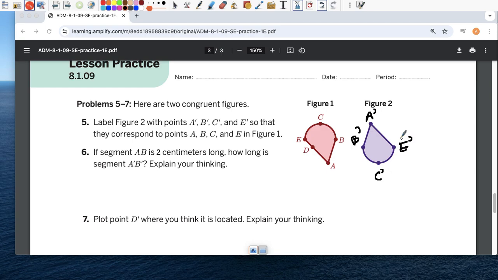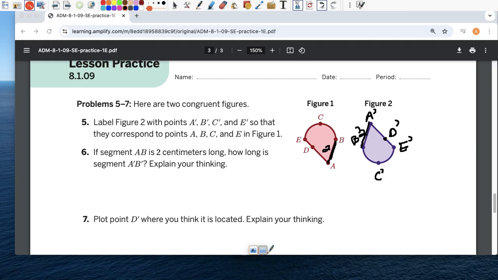And where's D prime? D prime would be a little bit above. If segment AB, this guy here, is 2 centimeters, how long is A prime B prime? It's also 2 centimeters. If all I did was rotate, reflect, or translate, the side lengths will always be the same.